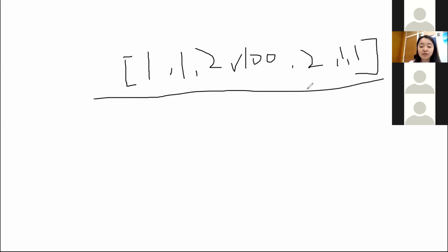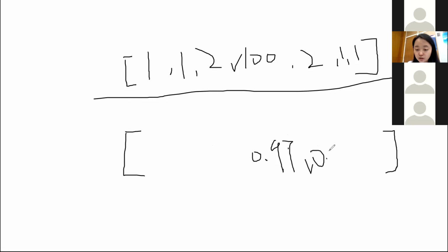We can use a softmax function to map all these elements to the interval 0 to 1, and if we add them together, the final result will be 1. For example, the output may be like this, 0.01, or like this. So this is just like a probability.